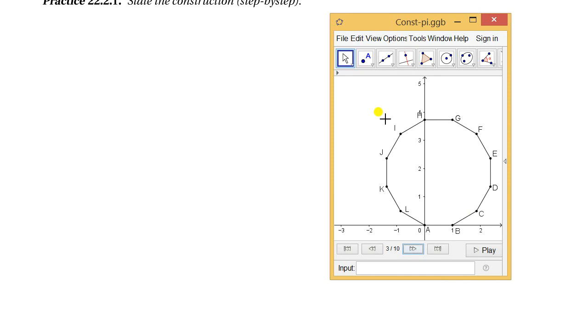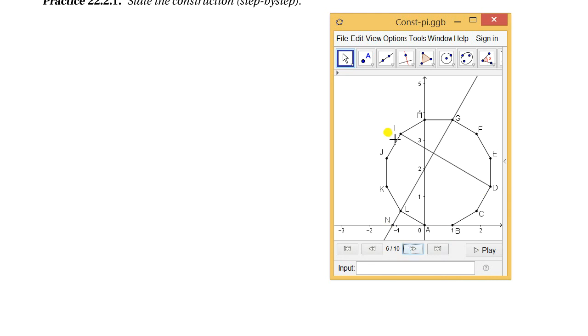But for this portion, you just say construct a regular 12-gon having one side as line segment AB. From this 12-gon, first we draw a line segment between L and G and look for the intersection. So find the intersection with the x-axis and name that N.